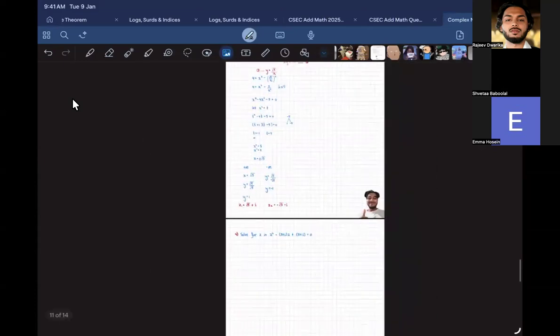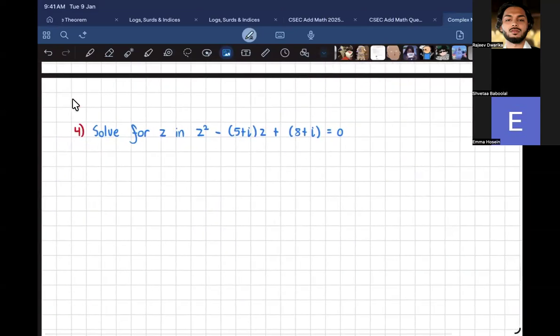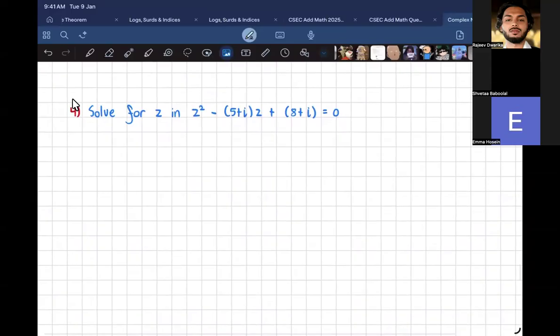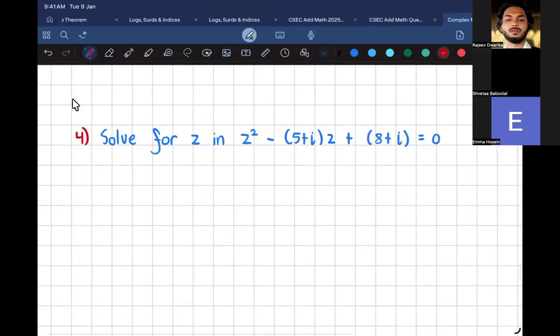All right, so let's move on. Question 4: solve for z in z squared minus (5 plus i)z plus 8 plus i is equal to 0. Okay, for this one, you had to use the quadratic equation, right? Did you know that? So tell me what a, b, and c are. a is 1, b is minus 5 minus i, and c is 8 plus i.